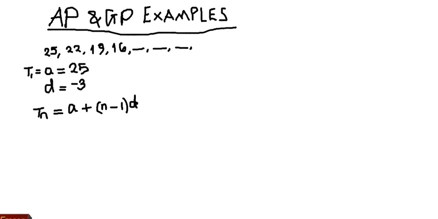So in this formula, what we need to substitute is a and d, because these two variables are known. So we are going to substitute and say a is 25, plus (n minus 1), d is negative 3.